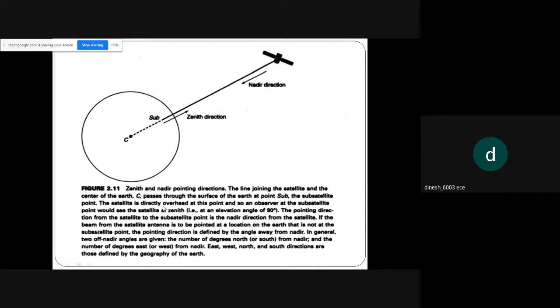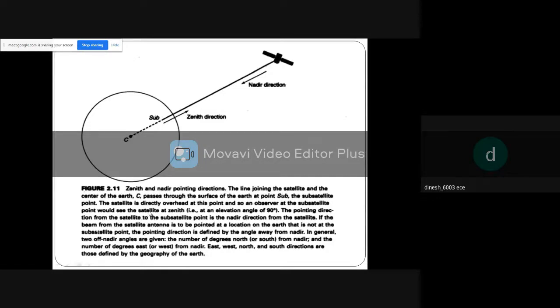The satellite is directly overhead at this point, so an observer at the sub-satellite point would see the satellite at zenith. So obviously the elevation angle will be 90 degrees.